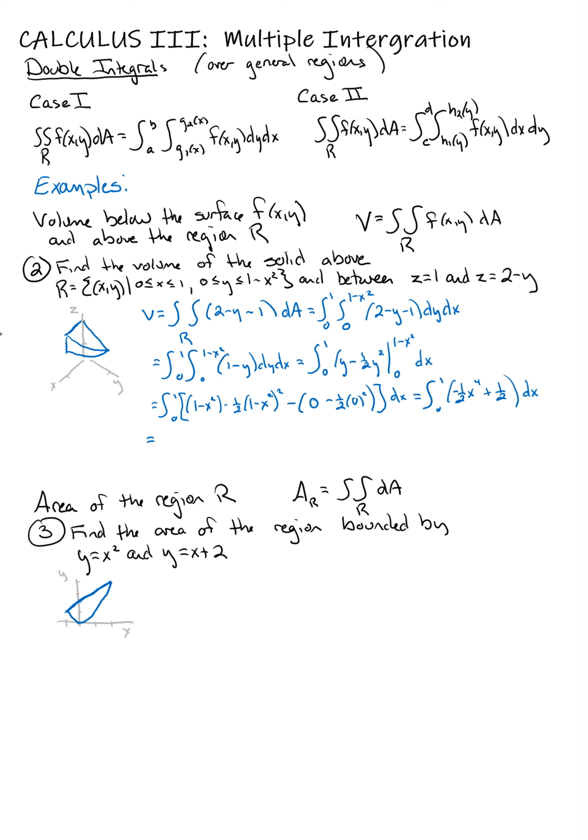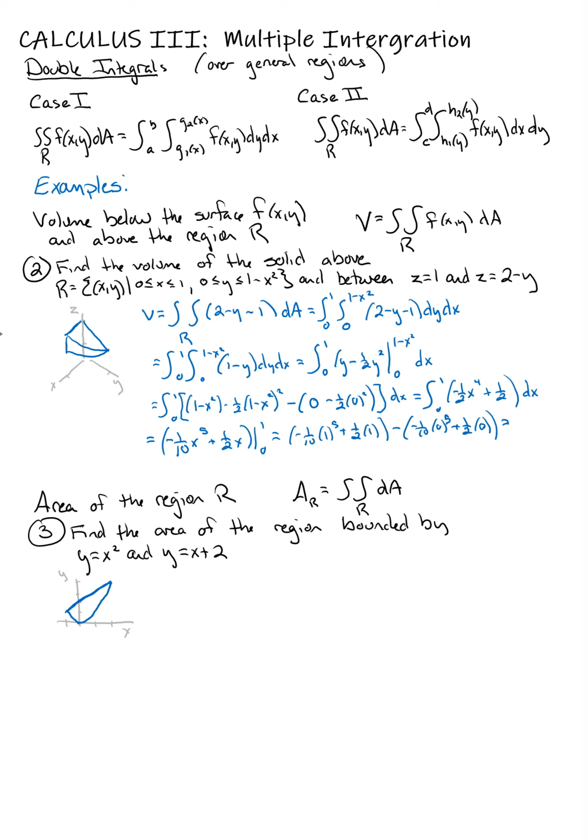So that is, what is that? Negative 1/10 x to the 5th plus 1/2 x. We'll evaluate all of this from 0 to 1. All right, again, evaluating at 0, super simple.